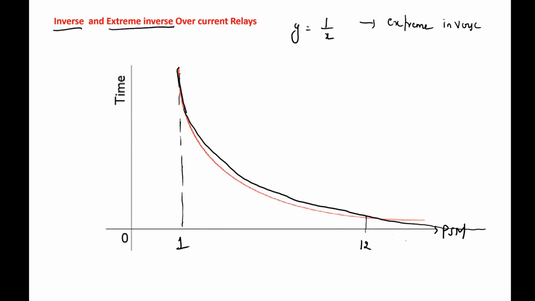Understand? So in all these, what you can observe, what is the difference here is that to get the exact inverse characteristics, to enhance the range of inverse operation of overcurrent relay, you have to delay the core saturation.